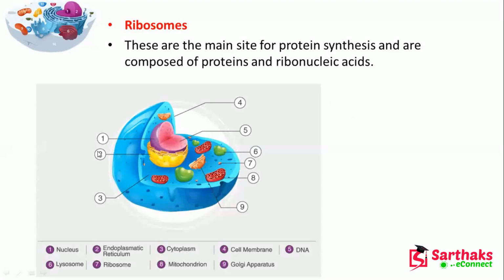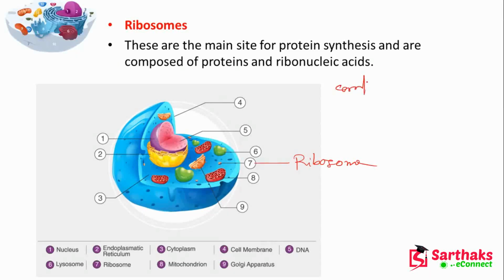First, that is the ribosome. In this picture you can see, let me take the pointer first. So ribosome. This one is our ribosome. This is the ribosome, and this is for protein synthesis and is composed of proteins and ribonucleic acid.